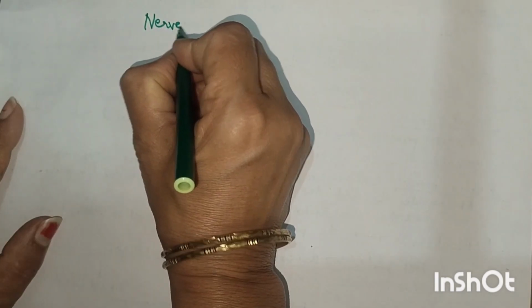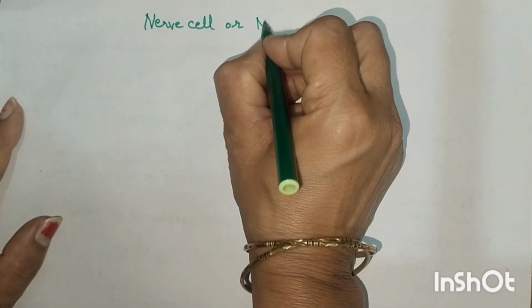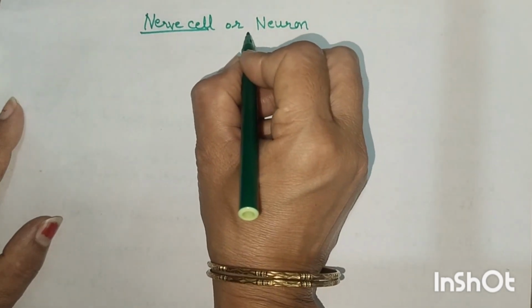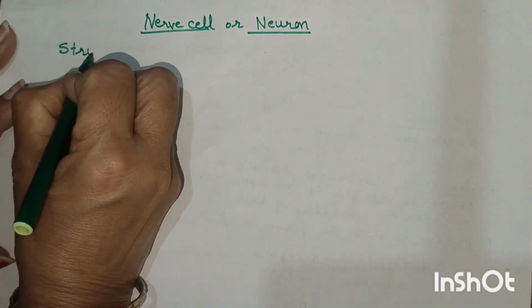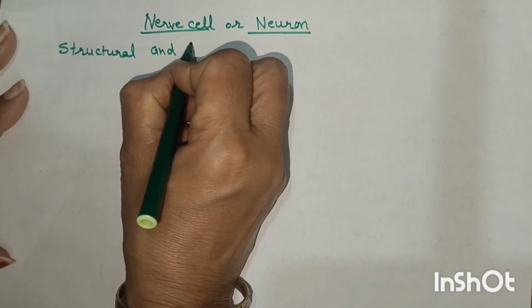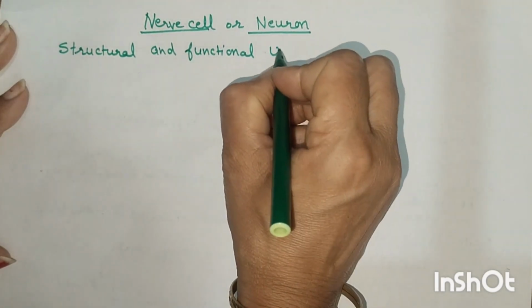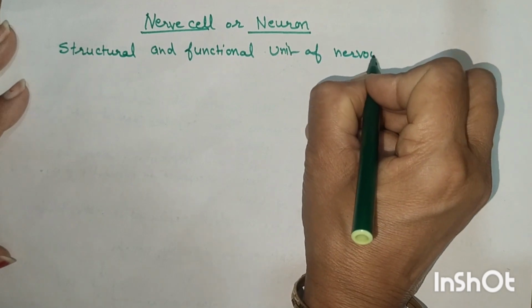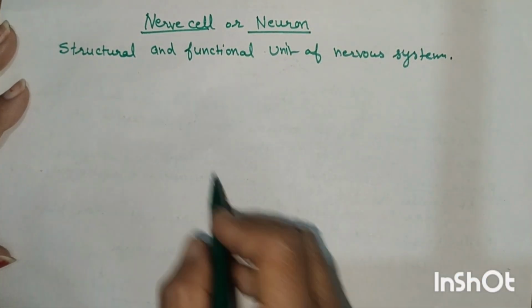Nerve cell or neuron. Nerve cell is a structural and functional unit of the nervous system.